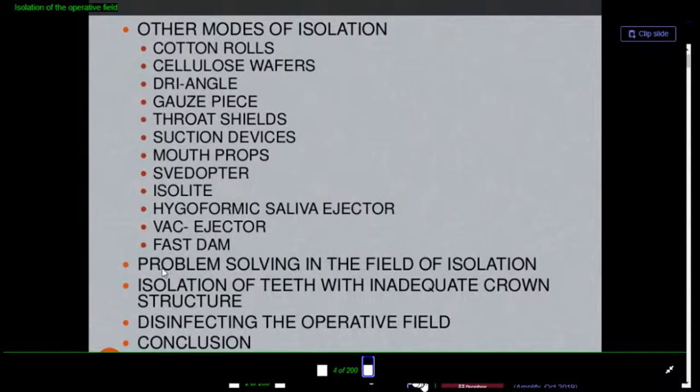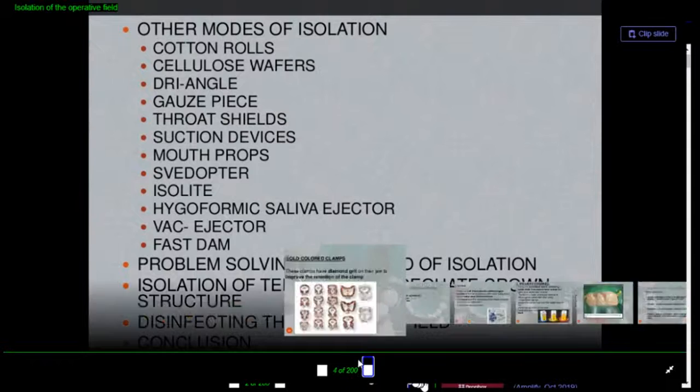Of course, there are many problems with isolation of the field and isolation of teeth with inadequate crown structure and obstructing the operative field, and conclusion.